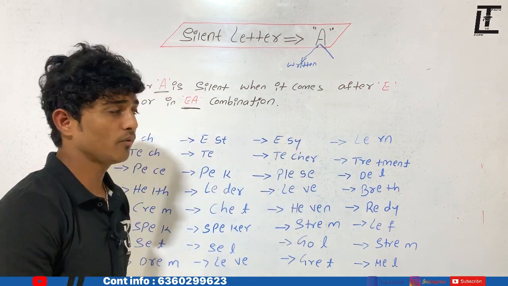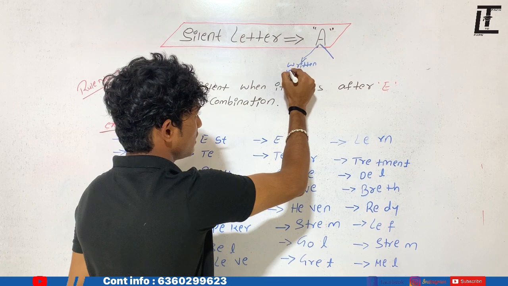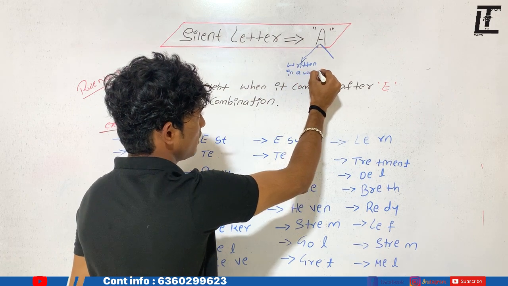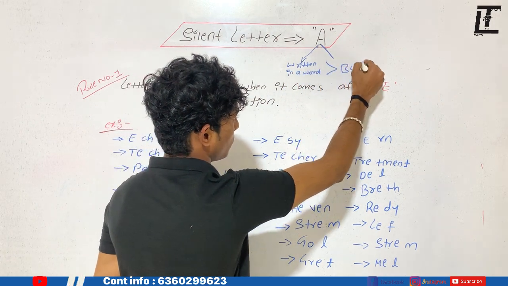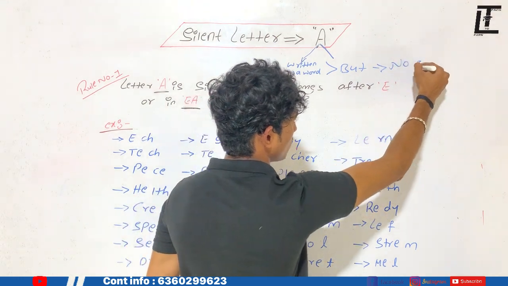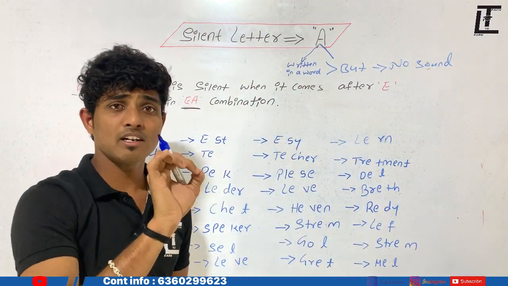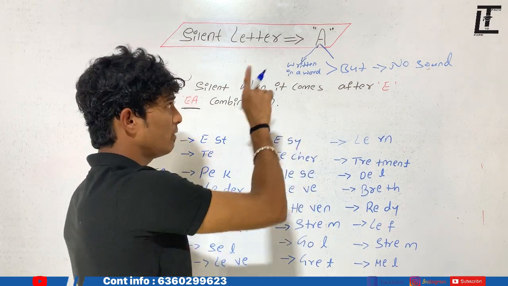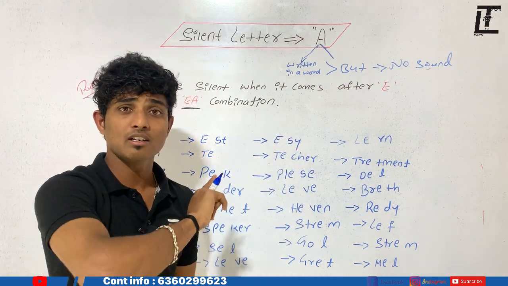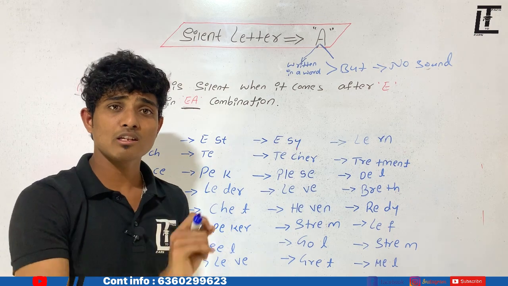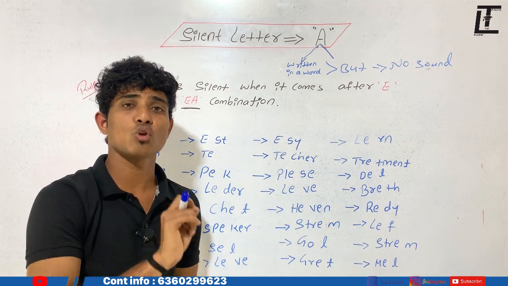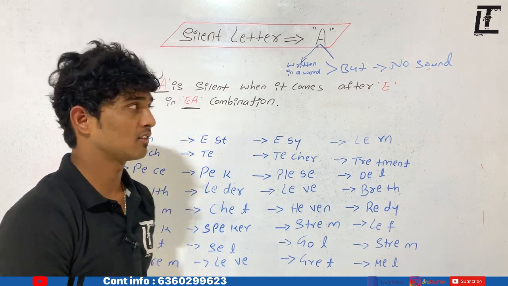Letter A is written in a word, but there is no sound of that letter A, but it must be written in the word. Where all the letter A is not pronounced, that is what we are going to discuss in this video.